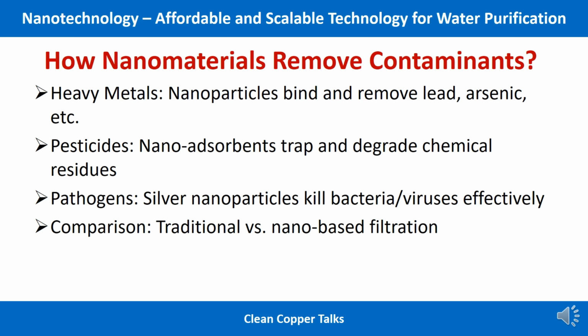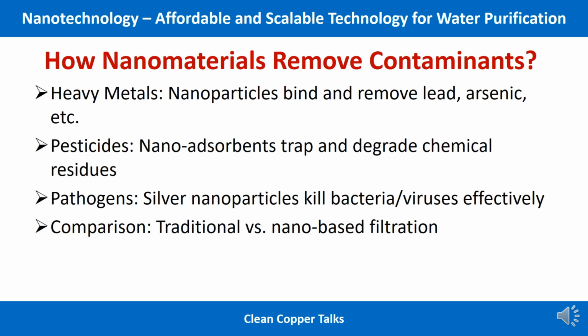There are different physical and chemical phenomena which go on as a contaminant adsorbs onto the surface of a particular nanomaterial. Then the indirect effect which a nanomaterial can apply to remove a contaminant is on the adsorbed contaminant by using photocatalysis or a filtration process.